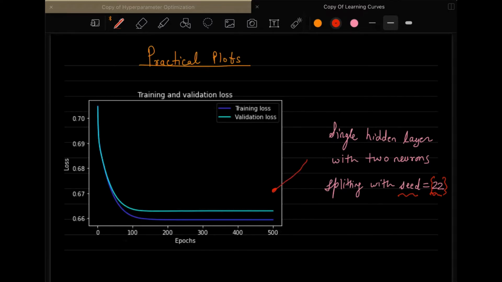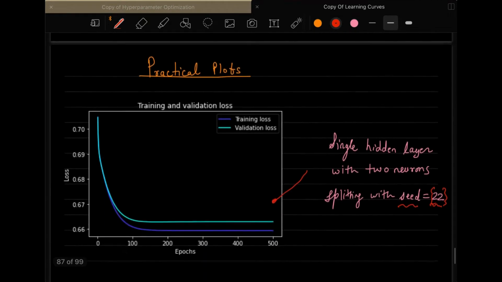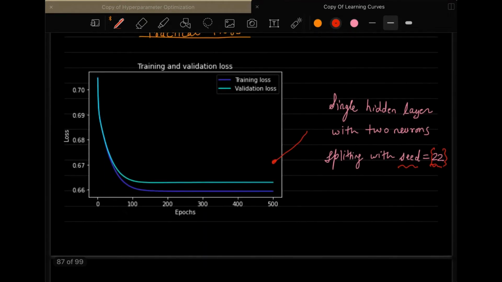So can you reason out why earlier the curve was like this and now it has become like this? Can anybody tell me the reason? The only thing that I have changed is the seed. Can anybody reason out why it's like that? I am using the same neural network, but the only thing that I have changed is the seed.